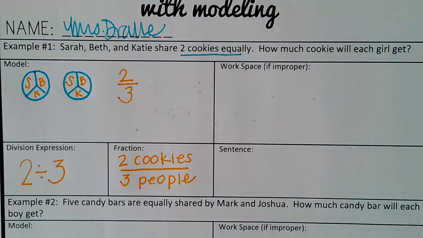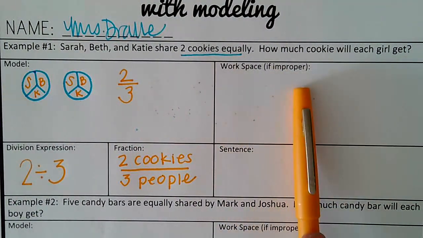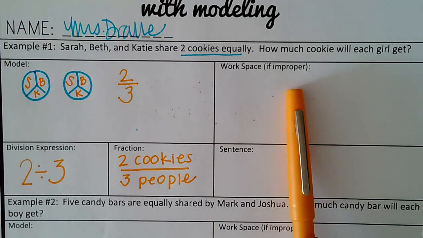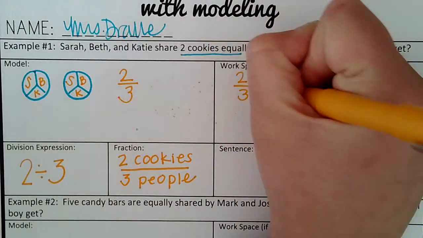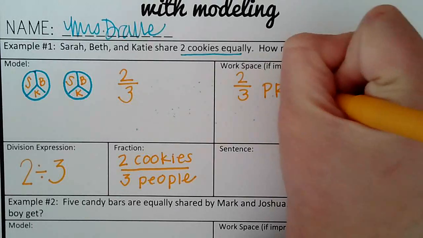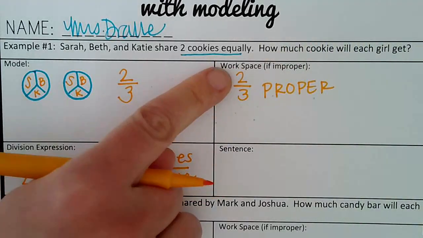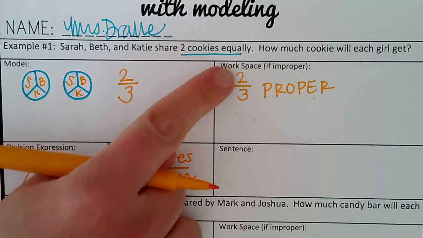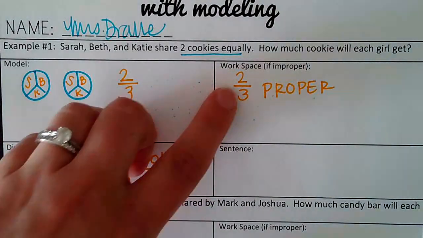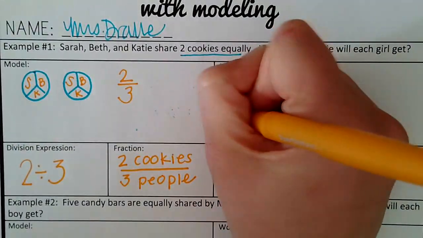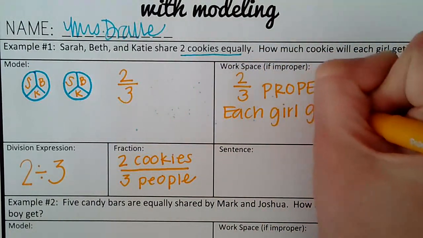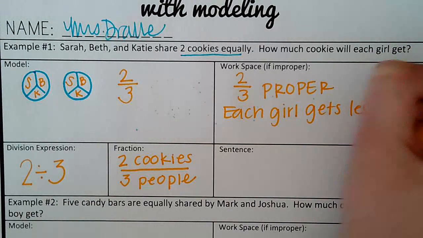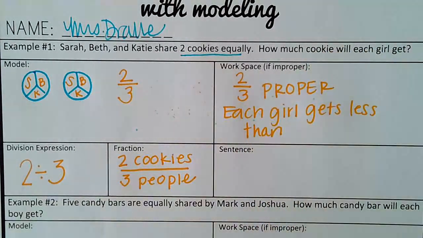Now, if our fraction was improper, we would want to convert that to a mixed number. But in our case, 2/3 is proper because that numerator is smaller than our denominator. This means that each girl gets less than 1 full cookie because it's proper, right?